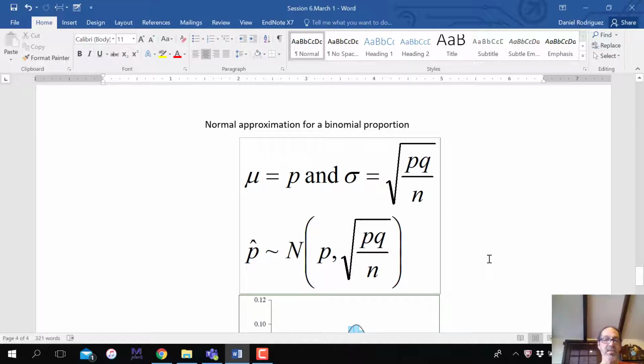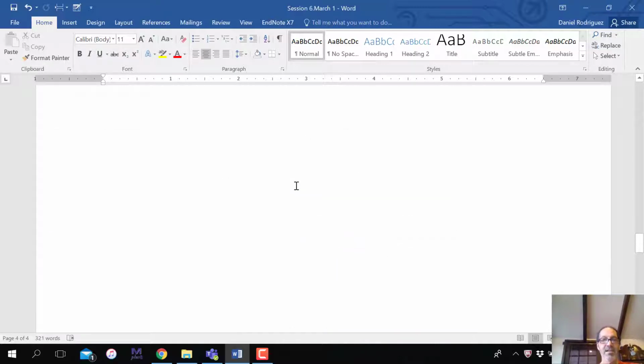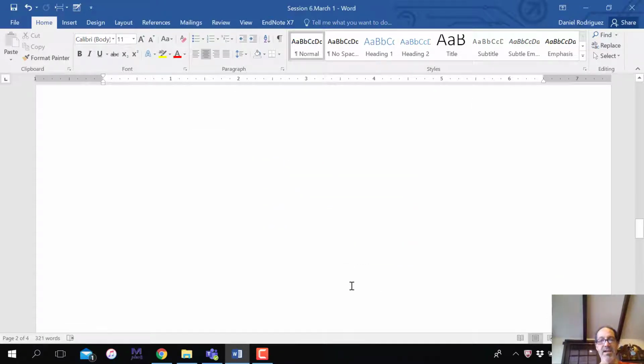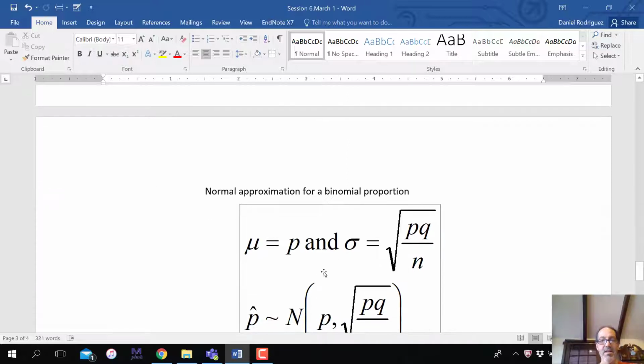Sometimes we deal with proportions rather than with the number of successes. It looks like a totally different quantity, but it's just this quantity divided by n, because that's what a proportion is. So np divided by n is p.